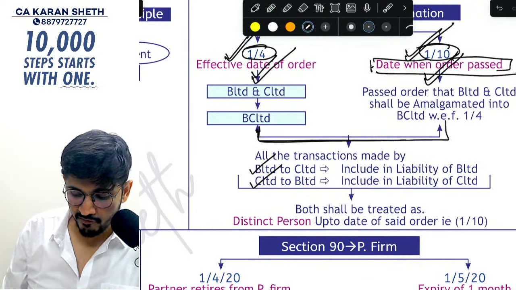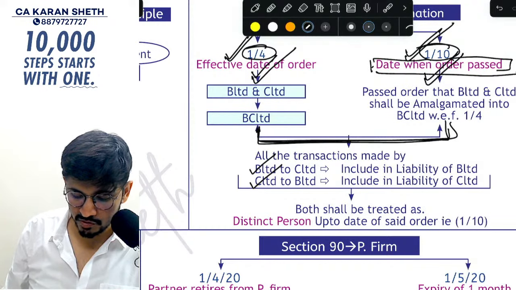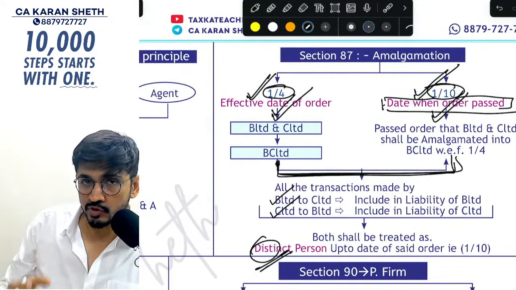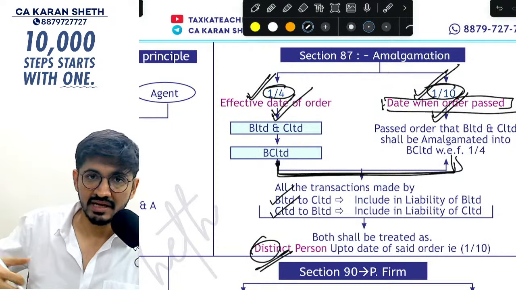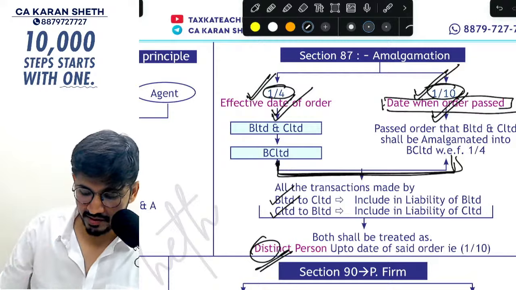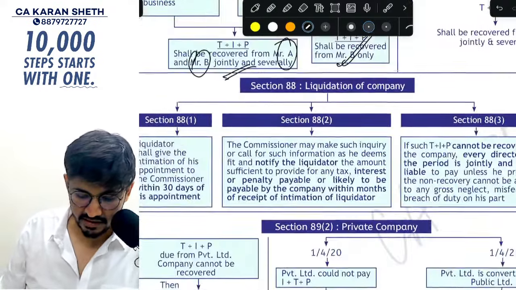Because for this period, both shall be considered as distinct persons and their liabilities will also be calculated separately. Is that very clear? Yes. There is no confusion on that part. Please remember. Okay. Next.